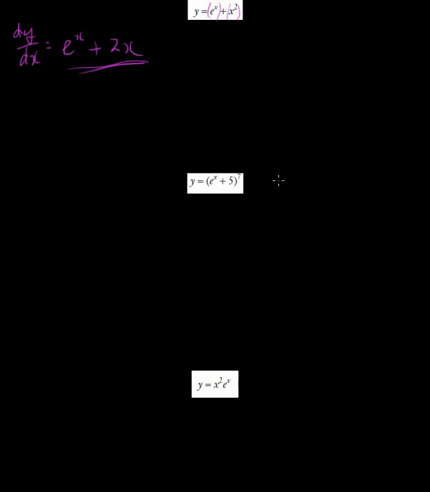One of them is the chain rule, the function of a function rule. What we do is we differentiate the outside and then we differentiate the inside. We can do the same thing for this one here. Let's say u is equal to e^x plus 5, then y is equal to just u^7.